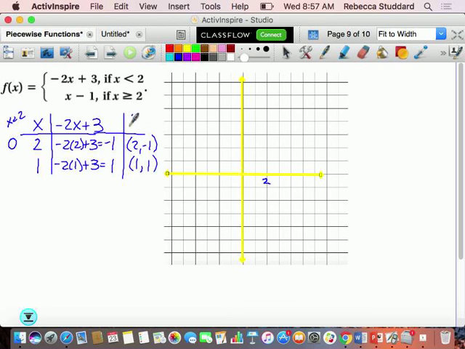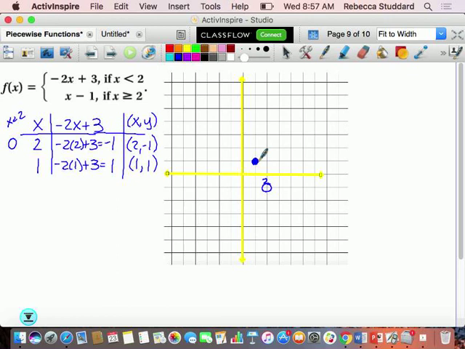Okay, these are our ordered pairs, x and y. So I go to graph that, and I have the point 2, -1, but remember, we're not equal to 2 here, so we have to use an open circle. And then I have the point 1, 1.